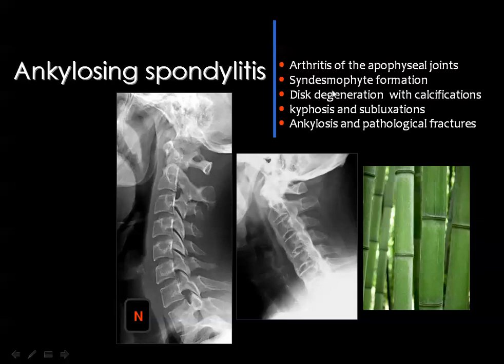Also, there may be syndesmophytes, which are osteophytes arising from the mid portion of the vertebral body, not from the vertebral end plate. Disc degeneration with calcification, then kyphosis and subluxation. There may also be fractures affecting the spine because of the rigidity of the spine at that time.